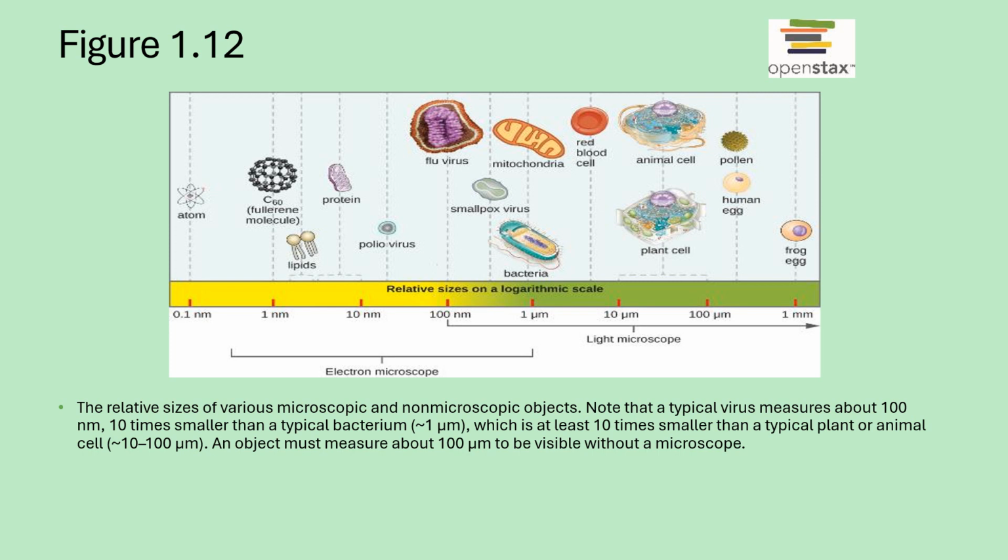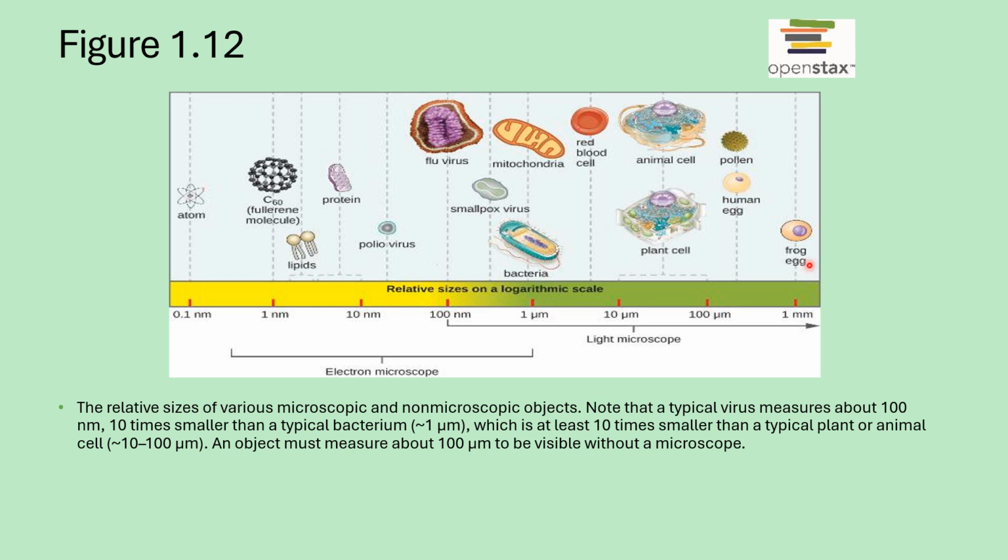In microbiology, we're on a whole different framework in terms of size of things. Obviously, we cannot see bacteria or viruses or fungi with the naked eye. So this gives you a little bit of an idea.